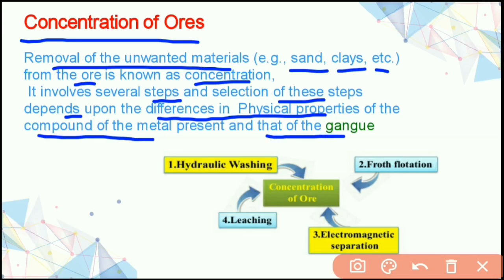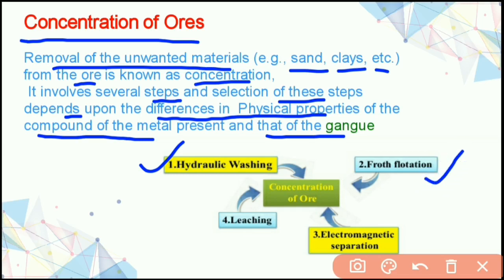So the concentration method depends upon the physical property. There are four methods used for the concentration of ore. First is hydraulic wash. It depends upon the density of the ore and impurity particles. Second is froth flotation.